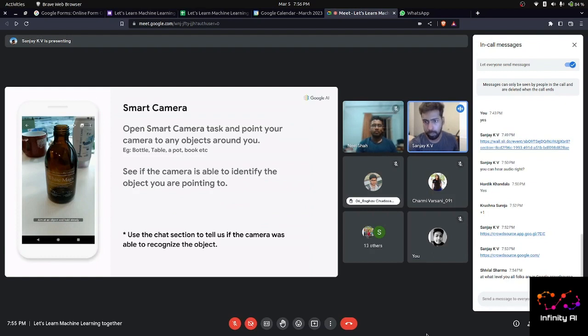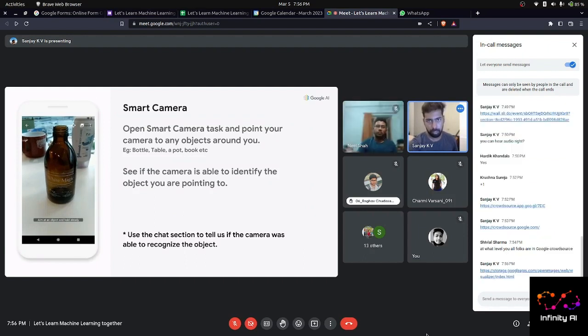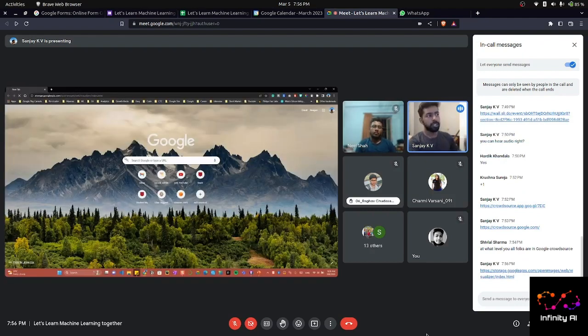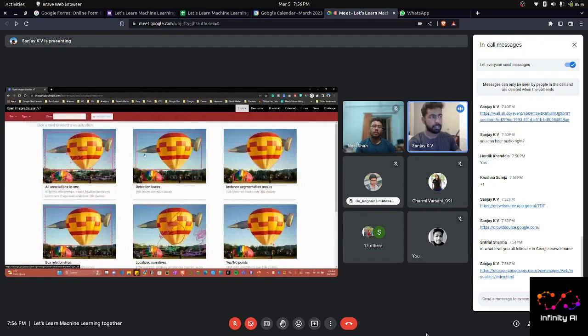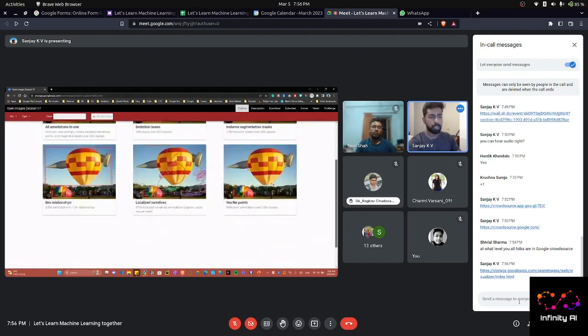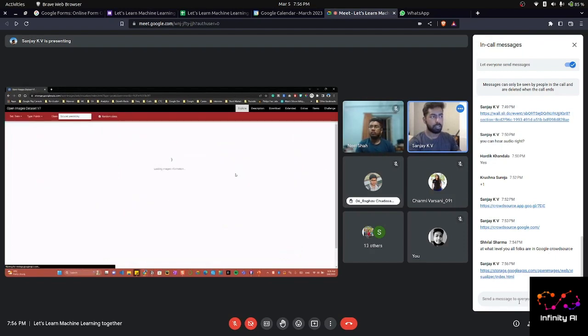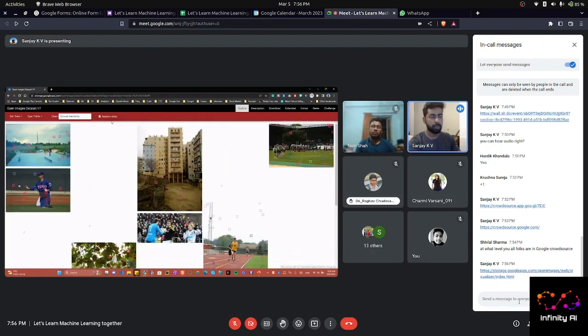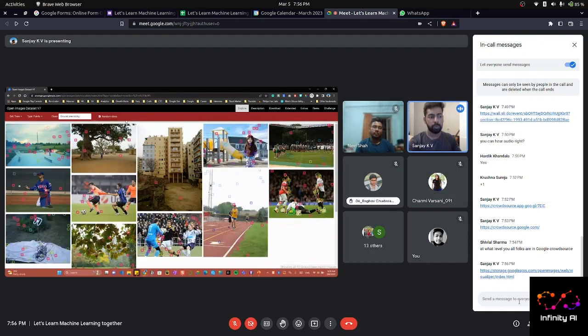Let me share one link with you. Okay, I'm sharing a link, let me show you that over here. All the data which you verify like this goes into the Open Images dataset, which is created by Google. You can literally download this data set and use it in your Android application or mobile app development.